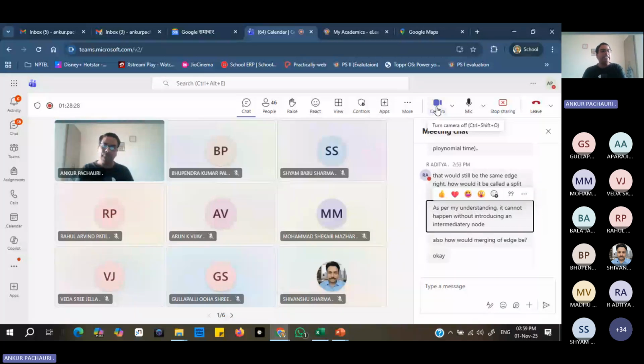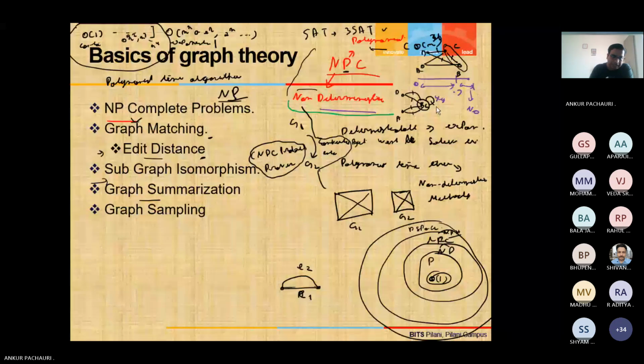Okay, so summarization, sampling. Again, sampling means just like in statistics. If the whole population is not accessible or available to us, then we can extract out a sample such that that sample is an actual representation of the population. Same is the case over here.